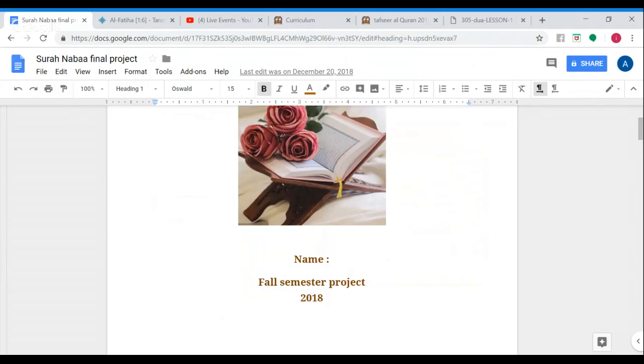If it is coming as a harf jar, then it is used as an oath, not as a connector wow. Connector wow means "and", and it connects two words, and it does not make the ism after it majroor.